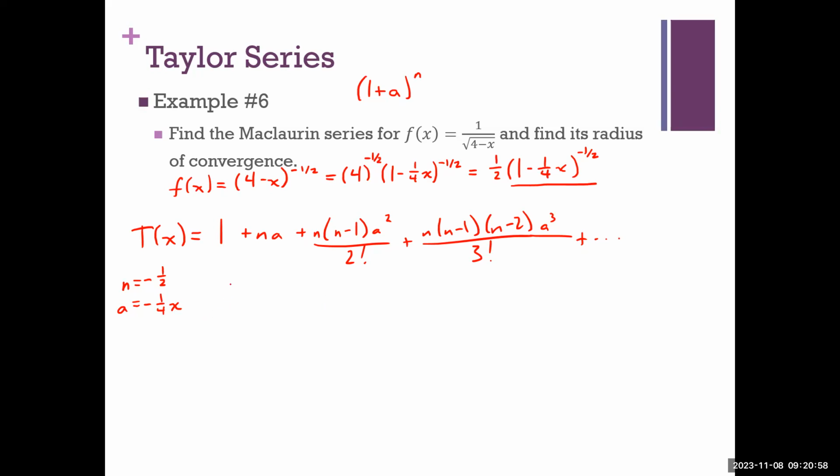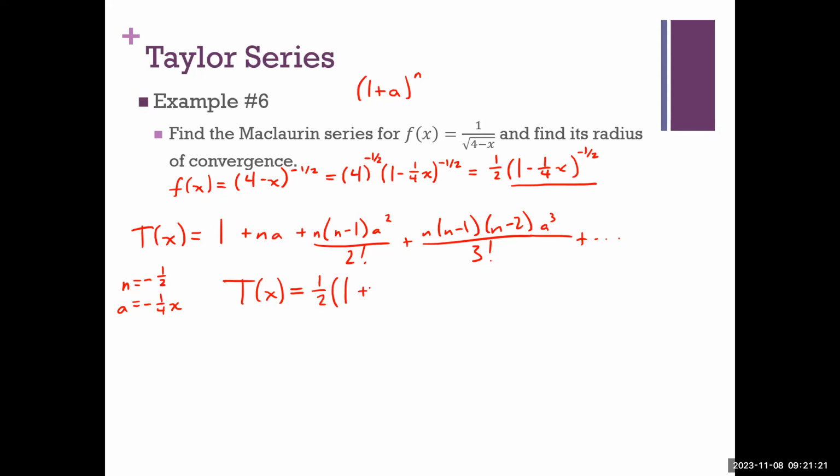Let's start populating this series. First term is 1, and that's always a consequence of being in this form. One thing I totally forgot is that we're multiplying all this by 1/2, right?